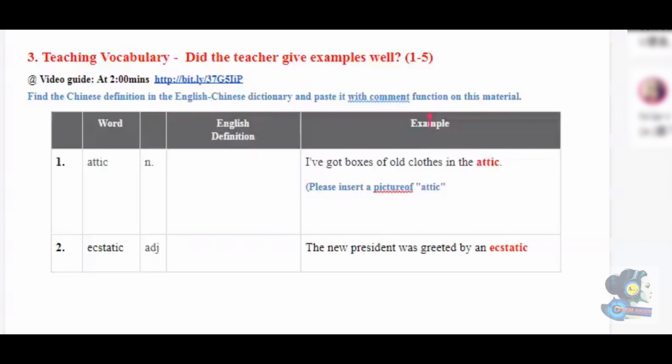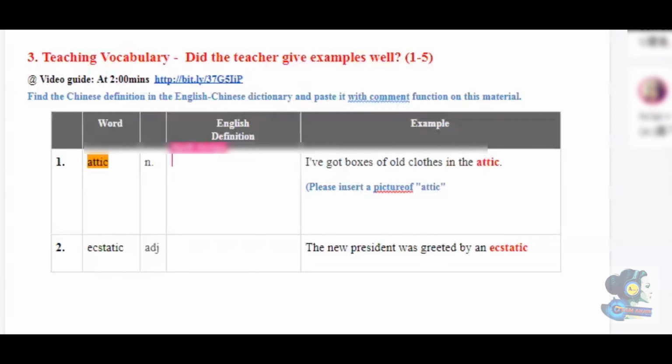Oh, okay. Actually, this one is read as attic. Okay, like attic. Okay. Yeah. And what does attic mean? Do you have any idea? Okay.